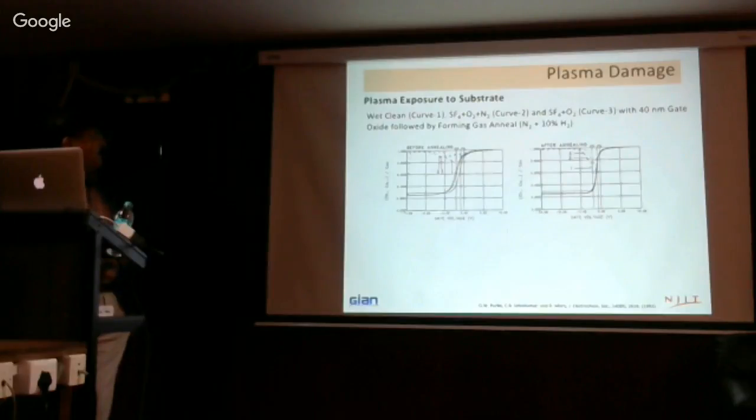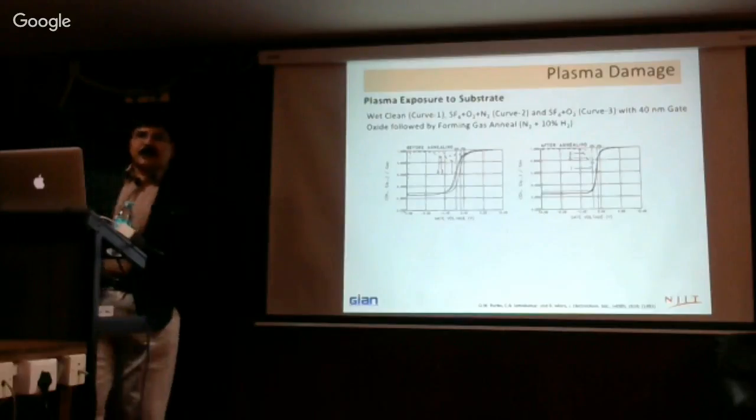These are the different wet cleans, and then you have different types of plasma exposure, let's say SF6 plus O2, SF6, different plasmas, followed by a forming gas anneal. And once you have the forming gas anneal, a lot of this plasma voltage shift is gone. And then obviously these devices get spread at the low frequency level.